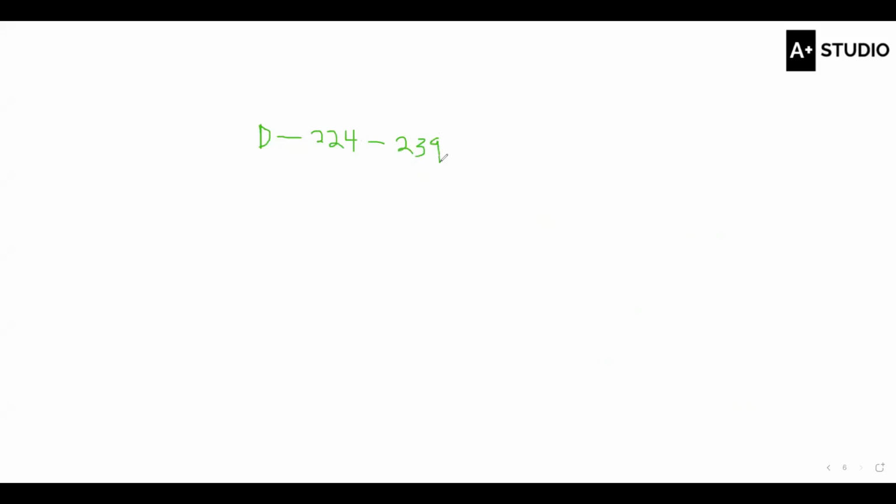Okay. So the class D IP address ranges from what? 224 to 239, which means when I have an IP address of, let me say, 225.100.101.1, it should tell us that this is a class D IP address.